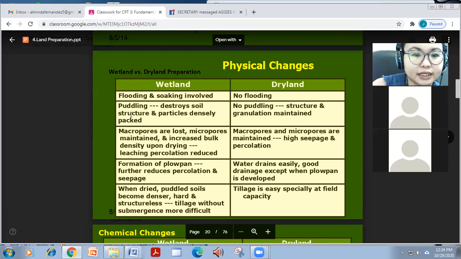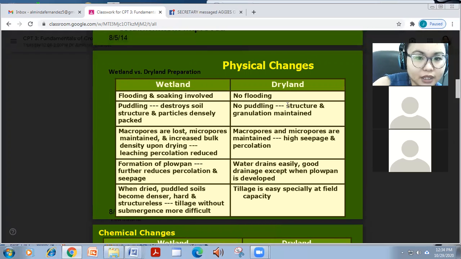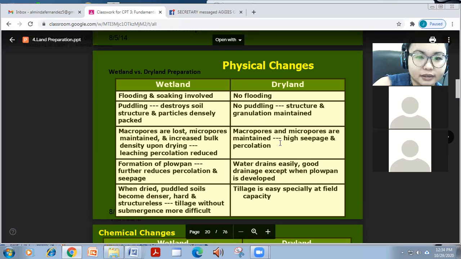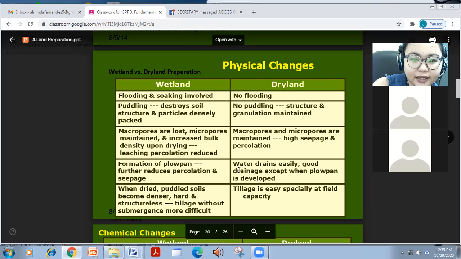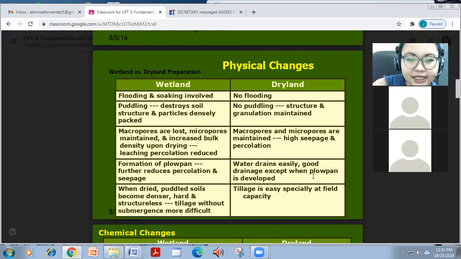And puddling can be done in a wetland, while not in dryland. Macropores are lost and only micropores remain. But in the dryland, both the macropores and micropores are maintained. And wetland usually has a plow pan, but in dryland, the water drains easily down below, except when a plow pan is developed.